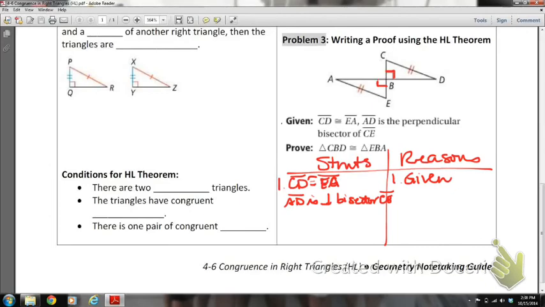So from that information, we can conclude our next statement. Since that is a perpendicular bisector, we can conclude that CB is congruent to EB. That's by the definition of a perpendicular bisector. A perpendicular bisector is perpendicular to the other segment, and it bisects the segment.